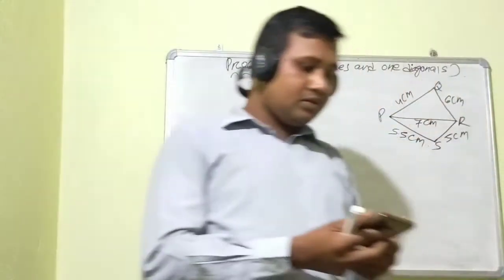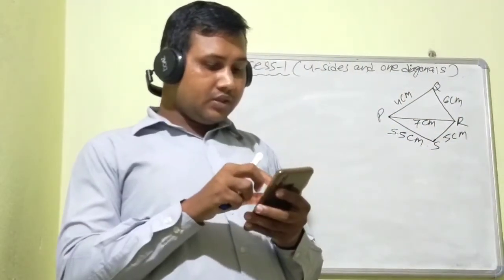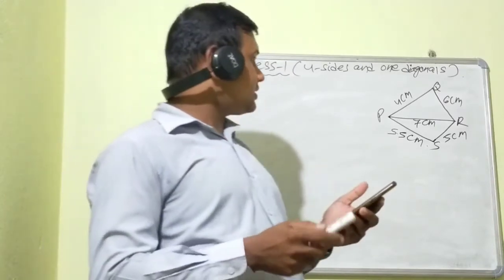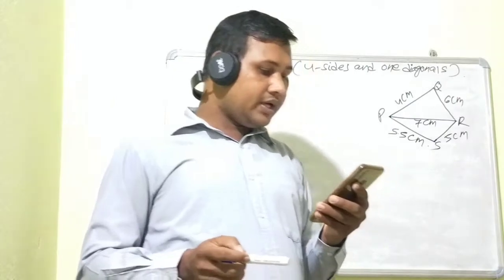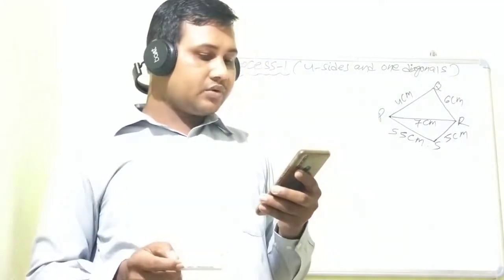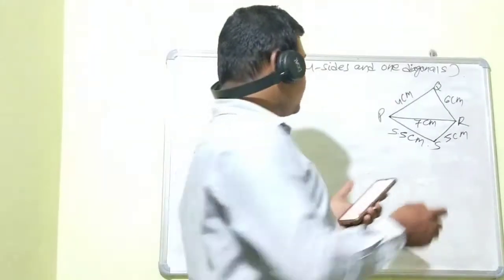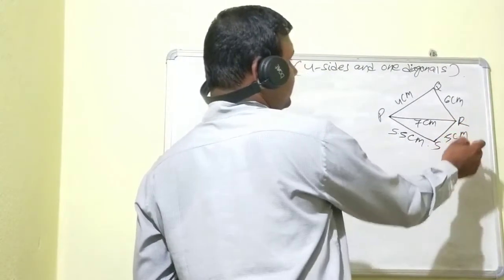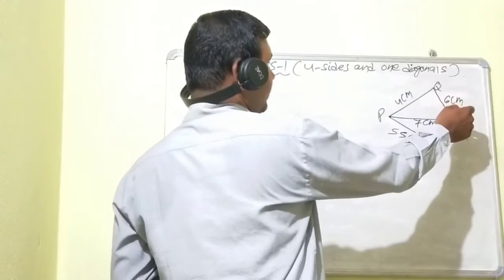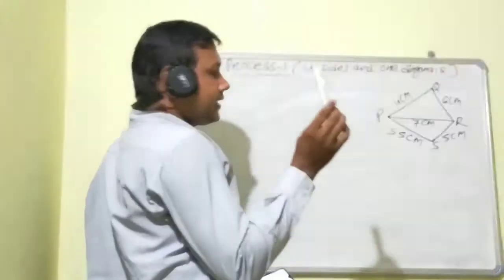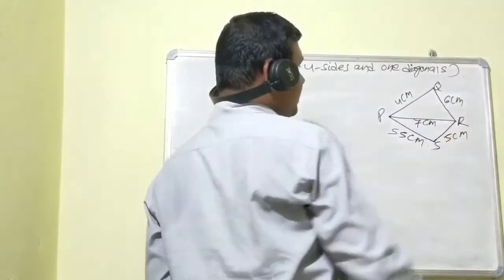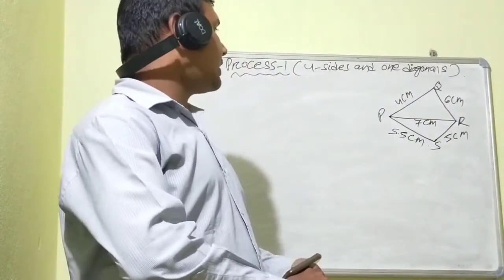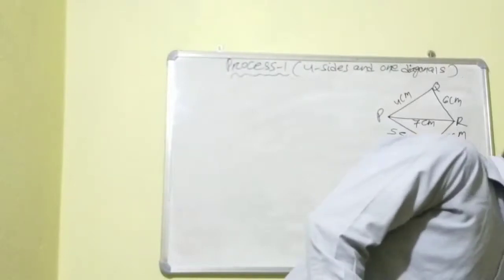Suppose PQRS is a quadrilateral where PQ is 4 centimeter, PS equal to 5.5 centimeter, SR is 5 centimeter, QR is 6 centimeter, and one diagonal PR is 7 centimeter. How will we construct the quadrilateral PQRS?